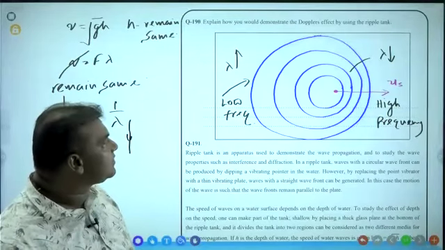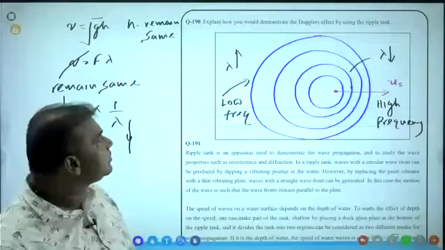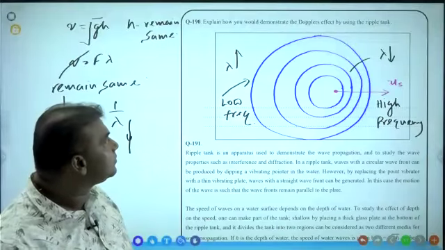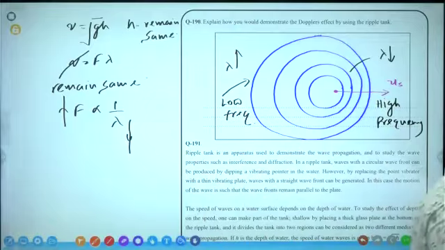Then wavelength increases. Wavelength increases by reducing the frequency.